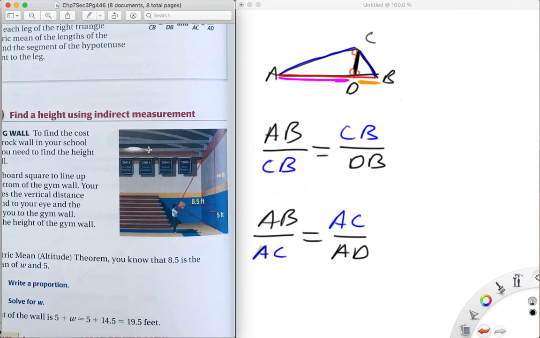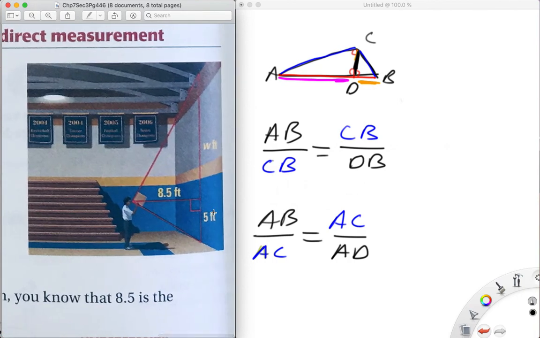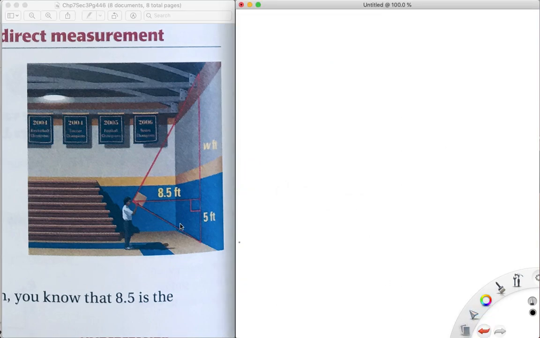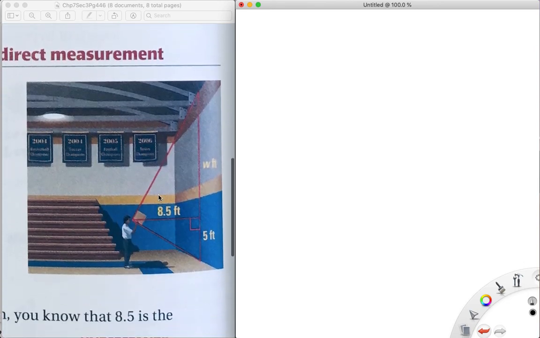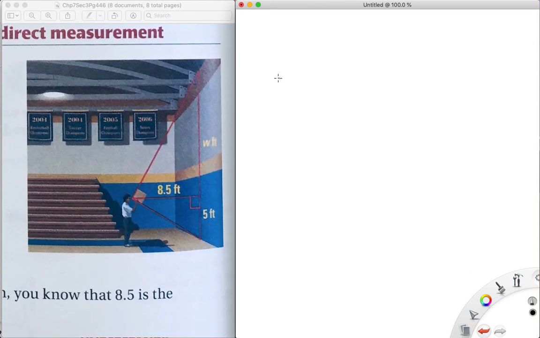We have this person who has this 90-degree angle, looking straight across it to this wall. They want to know the length of W. If you notice, we have the altitude of the overall triangle. That means we're going to use the geometric mean of the altitude. I'm going to draw it like this.